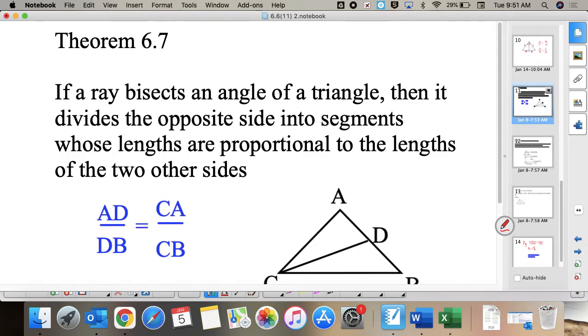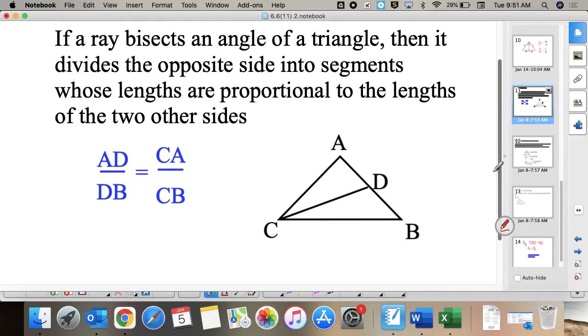If a ray bisects the angle of the triangle, then it divides the opposite side into segments. So my angle bisector comes through, it divides the opposite side into segments whose lengths are proportional. So this is 1 to 2. Maybe if I make this 3, then this one here is going to have to be 6 because they have to be proportional.